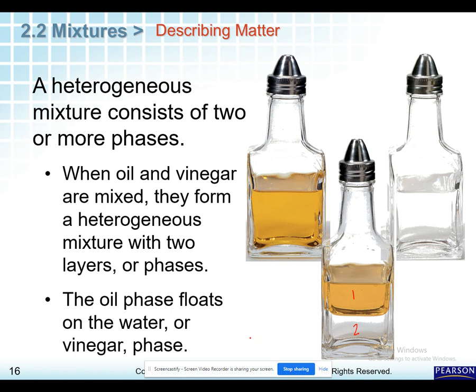If we were to go back to the example of the salad, a salad is a heterogeneous mixture, so it has more than one phase. If you have 5 different ingredients in salad, there are 5 phases. If you have 8 ingredients in a salad, there are 8 phases because I can tell the difference between all 8 of those things.